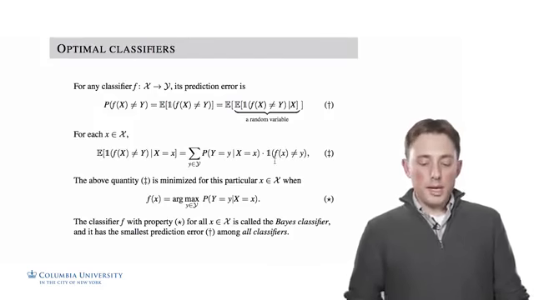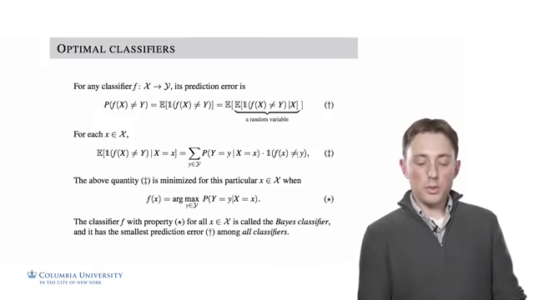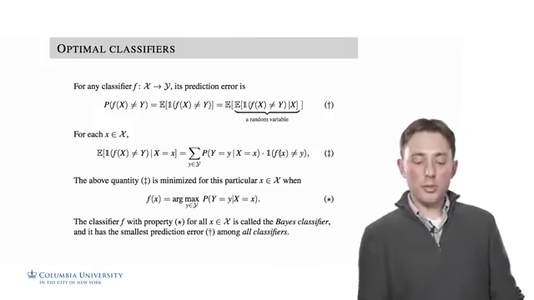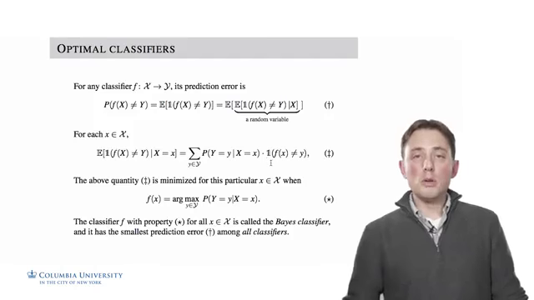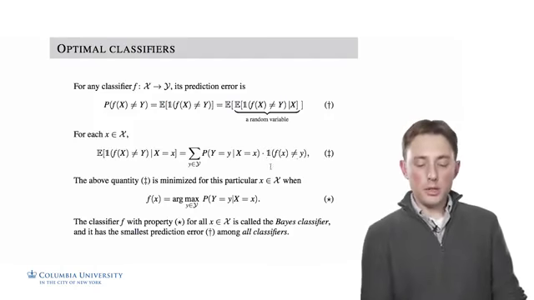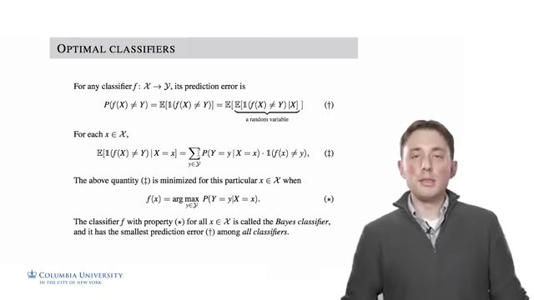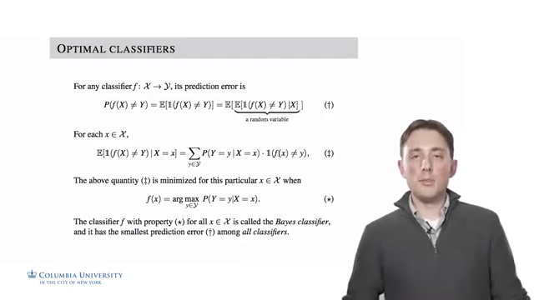So in order to minimize it, what that means is that our classifier is going to assign one of k possible labels to every point x. And so that means that this is going to be equal to 0 only for one value of y. So what this is really doing is saying for the label that we assign to x, sum up the probabilities of all of the labels other than the assignment.